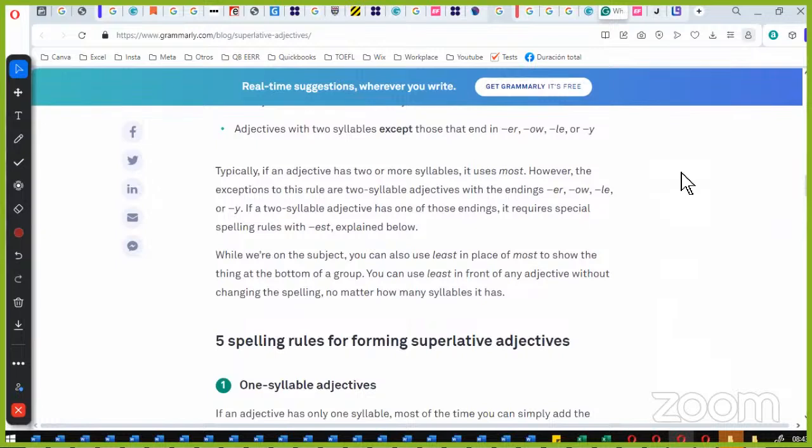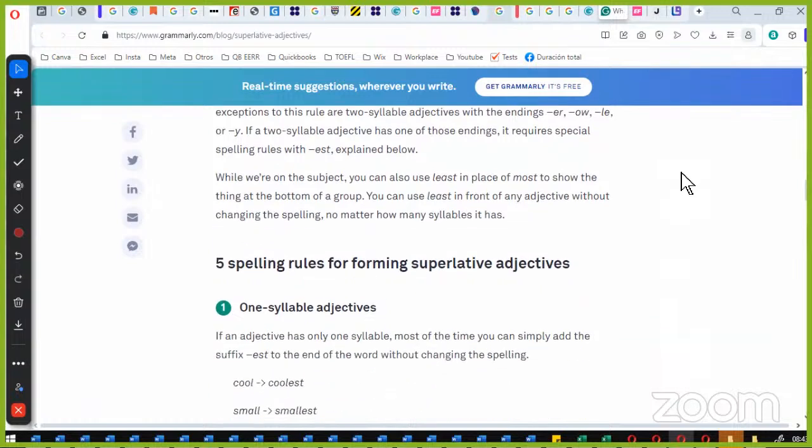Typically, if an adjective has two or more syllables, it uses most. However, the exceptions to this rule are two-syllable adjectives with the endings er, o, le, or y. If a two-syllable adjective has one of those endings, it requires special spelling rules with the est, explained below.